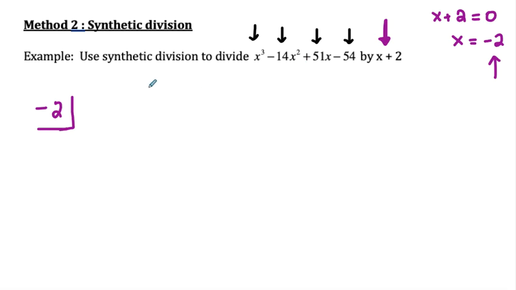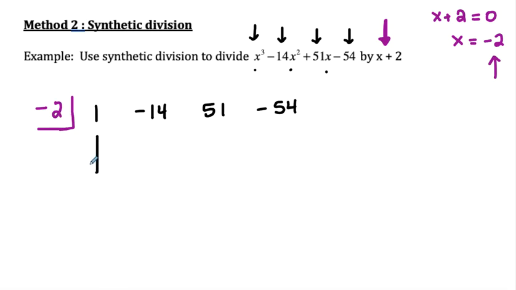But for this example, I have every degree from x cubed all the way down to a constant, in standard form. So in front of x cubed, I have a 1. In front of x squared, I have a negative 14. In front of x, I have a 51, and the constant is negative 54.